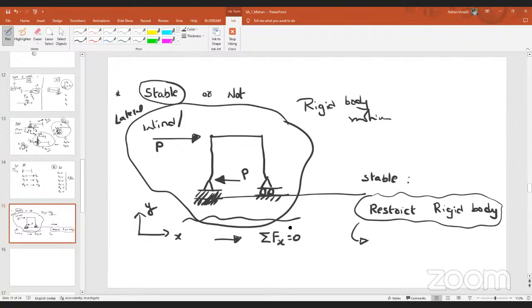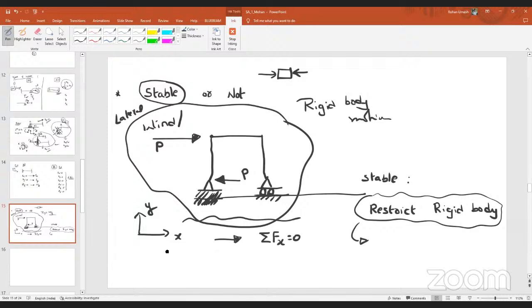That means if the sum of forces along any particular direction is equal to 0, then rigid body motion is not possible. The best example: if I take any object and apply forces in two opposite directions, will the object move? We would treat it as a conventional compression problem, right?